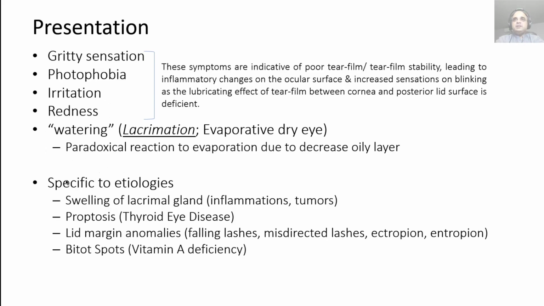And in addition to these symptoms, the patient might have certain specific symptoms of the underlying cause. For example, if he has Sjogren's syndrome, he would complain of a dry mouth. If he has thyroid eye disease, he would have other symptoms of thyroid eye disease. For example, lag ophthalmos, we talked about. If it's more severe, exophthalmos or proptosis. And if he has vitamin A deficiency, he would have skin issues or night blindness issues.